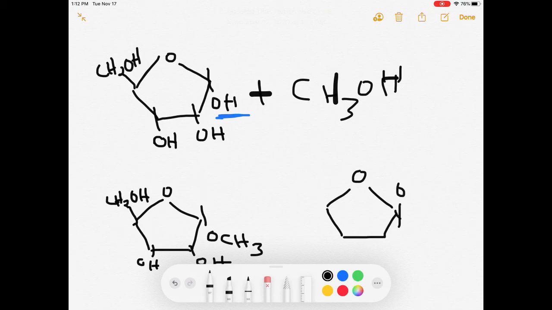So it'll be OCH3 up here, and then OH, so it stays the same, CH2OH right there. So that would be the alpha and the beta anomers when methanol and ribose react.